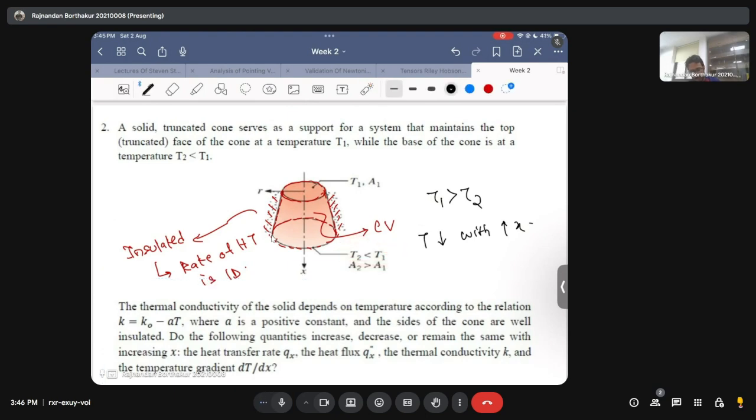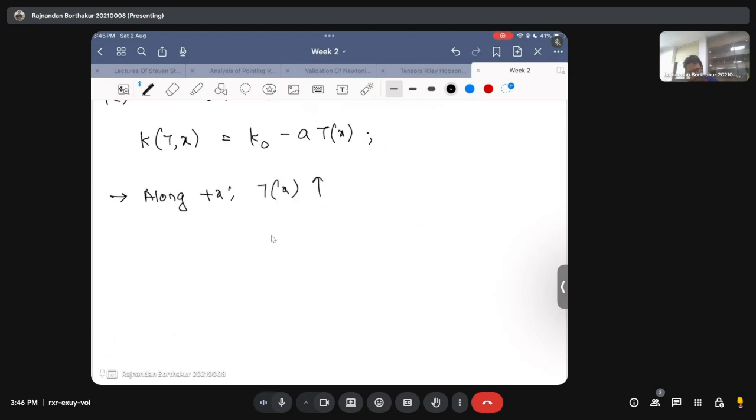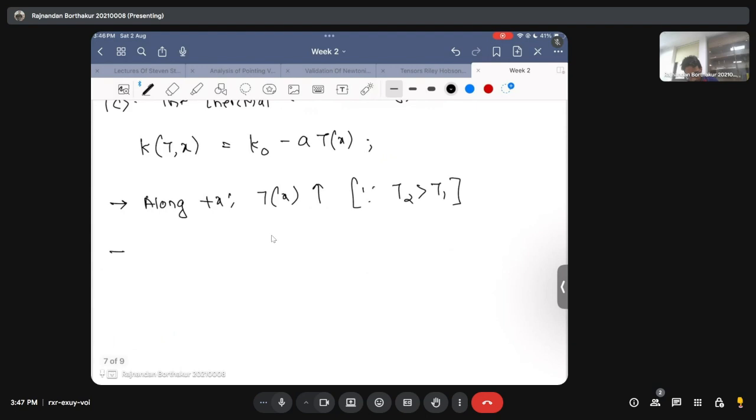So when we move along plus x, my temperature, which is a function of x, is increasing, and this is because T2 is greater than T1, and a is a positive constant.